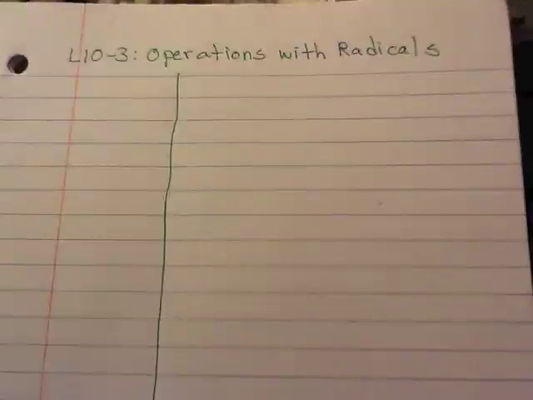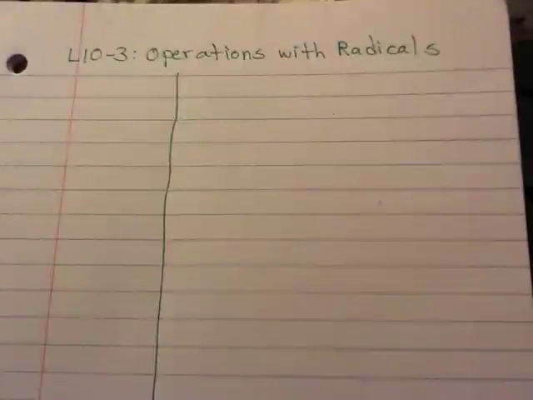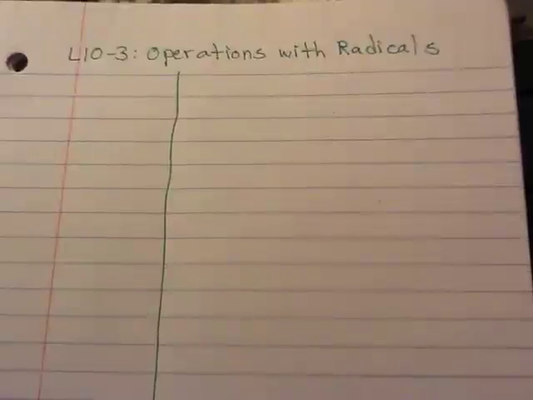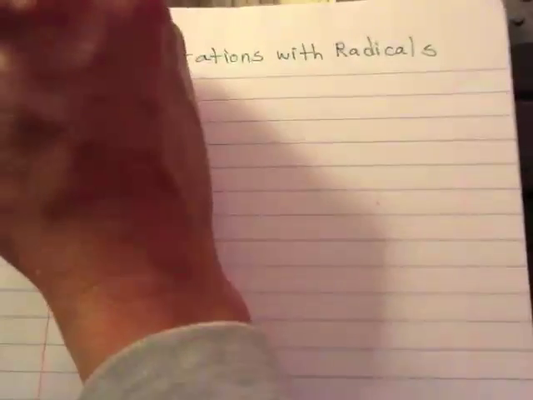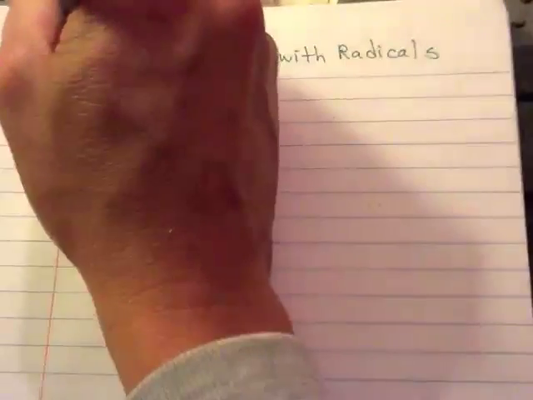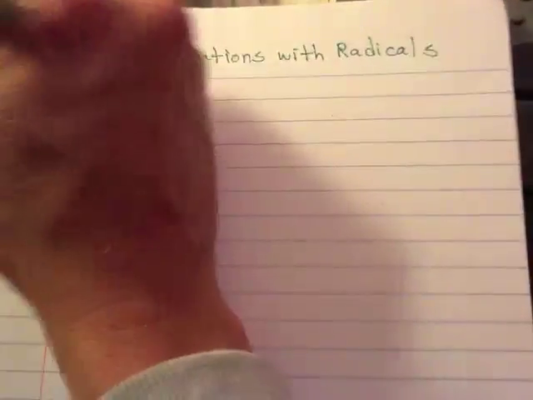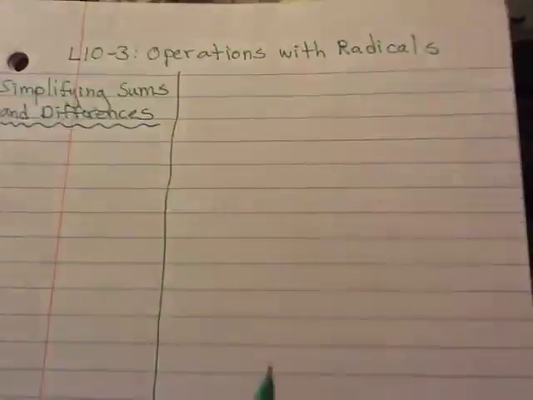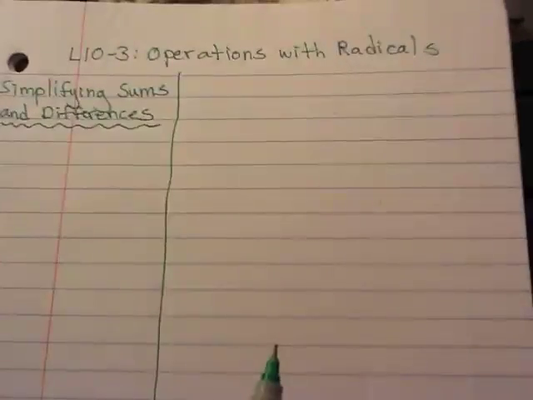So the first thing we're going to look at is simplifying sums and differences, so adding and subtracting. And this is where it's similar to looking at like terms when you're adding and subtracting variables.